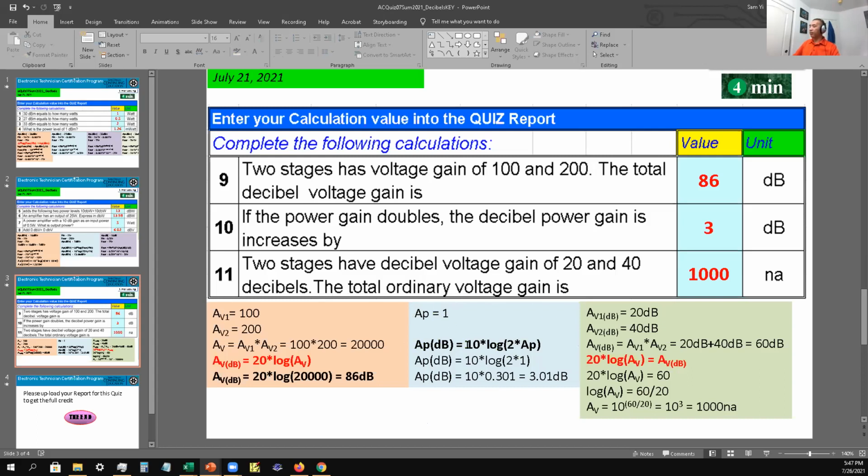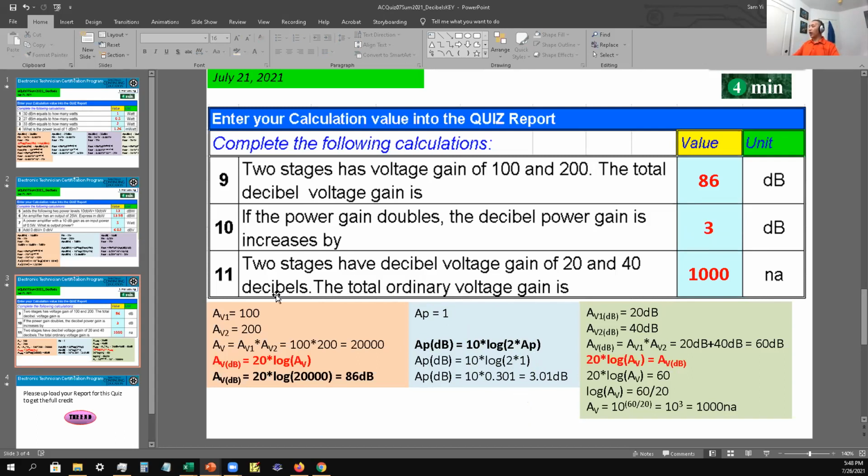So AP in dB equals 10 times the log of 2 times the gain of just 1. Now you double it, twice the gain here. That means log of 2 times 1, which is 2. Log of 2 is 0.301 times 10, which gives 3.01 dB, or 3 dB. Any question on that one?